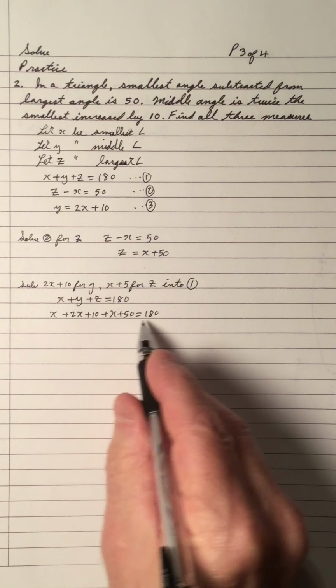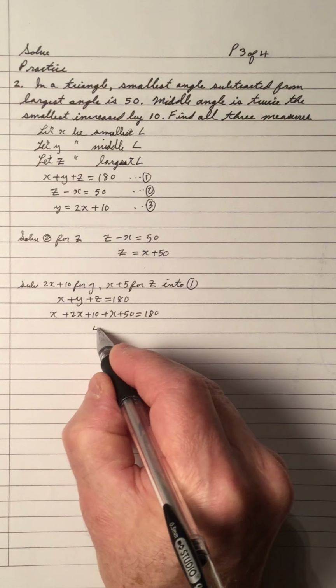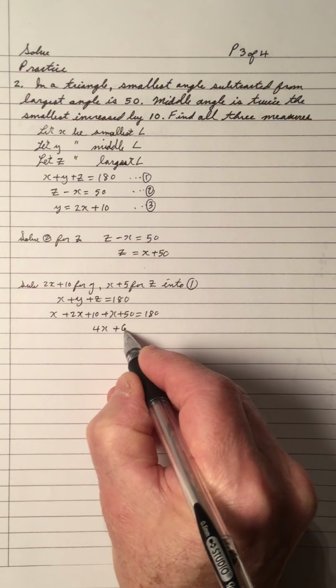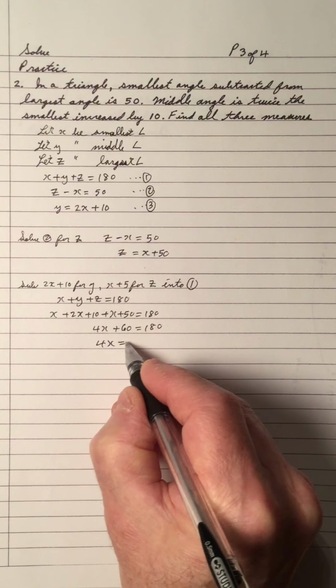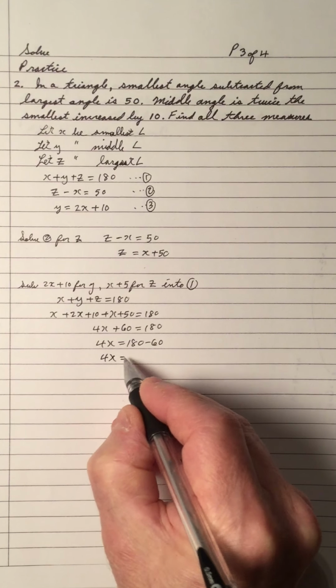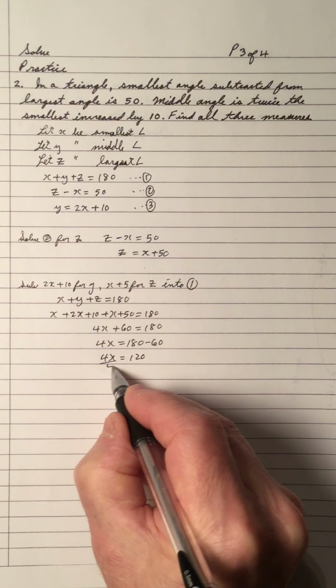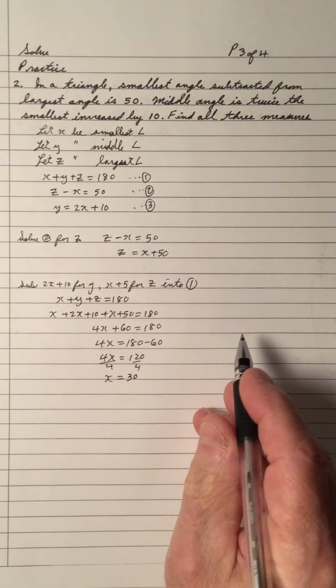And you notice now I have all x's. So 1x, 2x, 3x is 4x plus 60 is 180. 4x is 180 minus 60. 4x is 120. Divide by 4, and I get x to be 30.